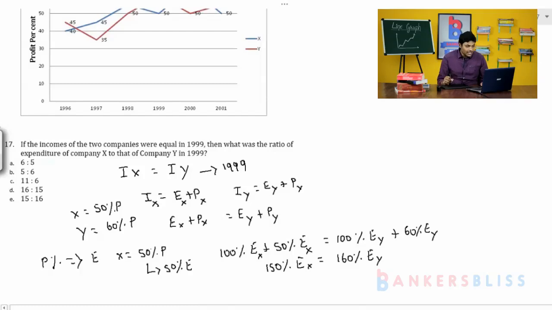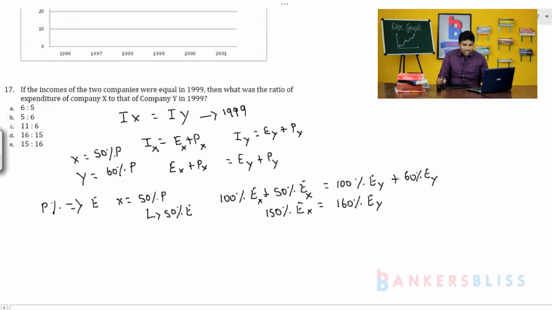They are asking the ratio of the expenditure of company X to that of Y. So you have to calculate EX by EY, which is equal to 160% by 150%.